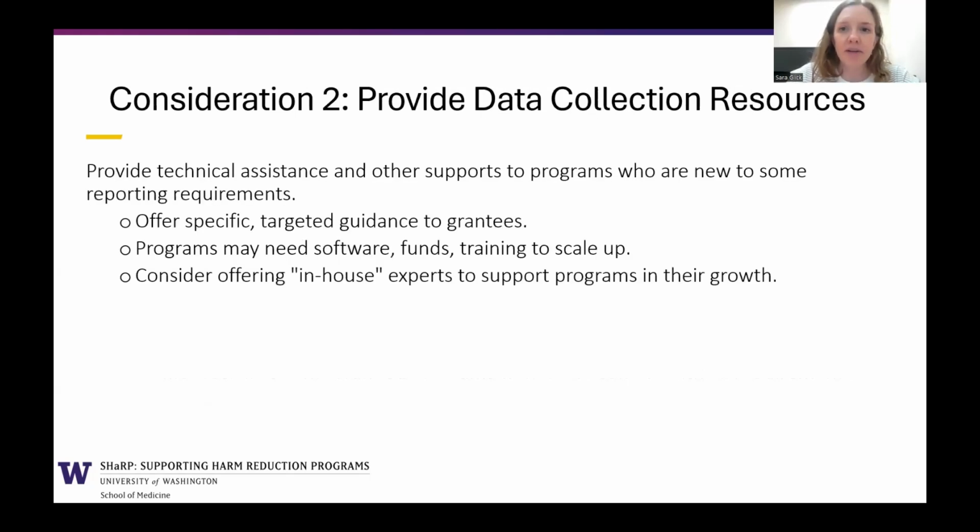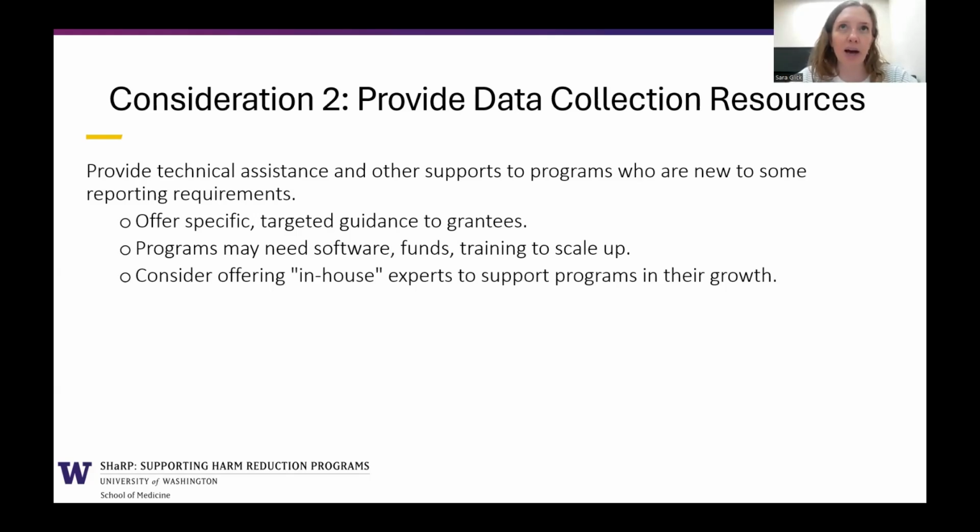The second consideration is to provide data collection resources. So we would encourage you to consider providing technical assistance or other support to programs that might need either assistance or help implementing new reporting requirements. So what would that look like? It could look like offering specific targeted guidance to grantees.